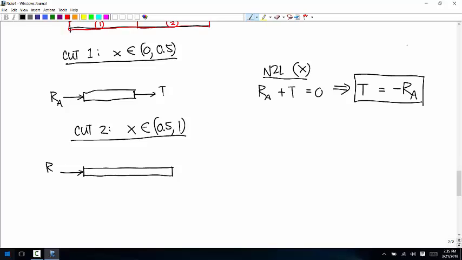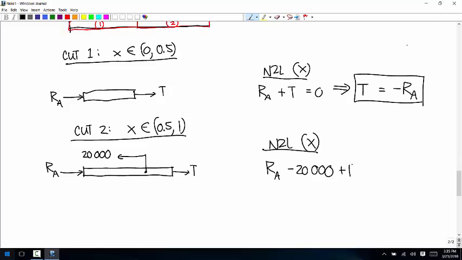So we have RA here, the 20,000 Newton force pointing to the left, internal load T, and the x component of Newton's second law says RA minus 20,000 plus T equals 0. So T is equal to 20,000 minus RA.